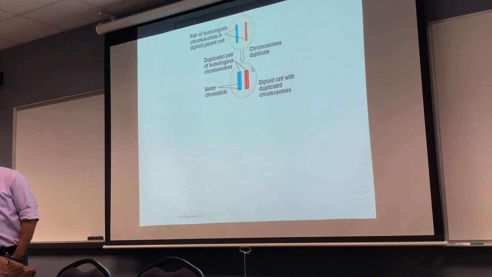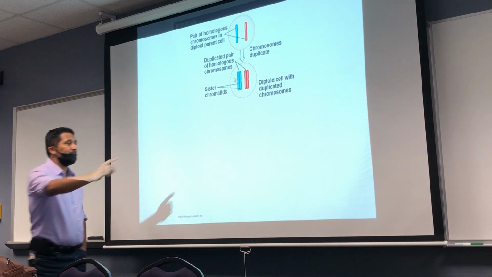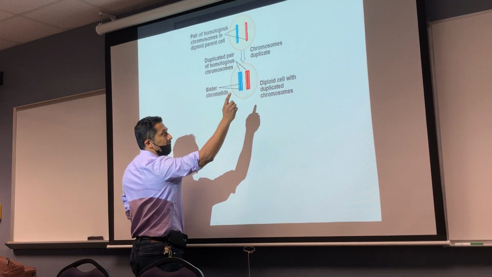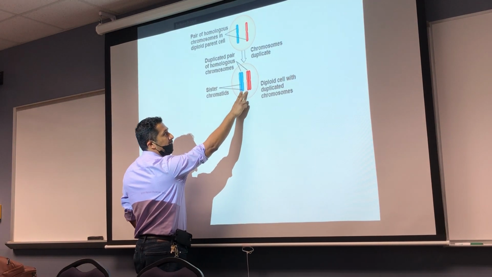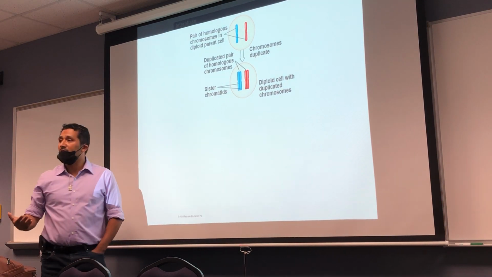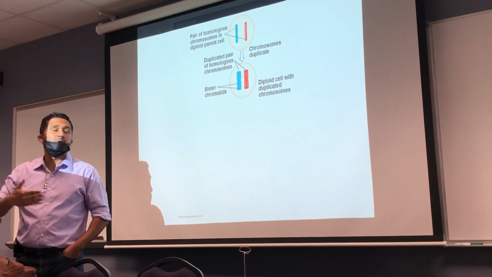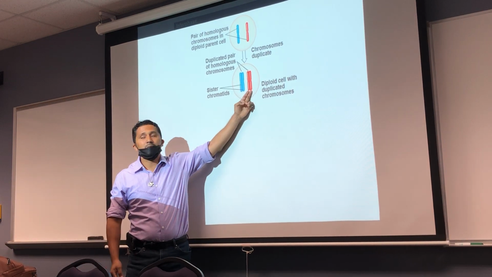So these are homologous chromosomes, okay? So these are non-sister chromatids, okay? These two are sister chromatids, identical. These are sister chromatids, identical, but these are non-sister chromatids, okay? They belong to the same homologous pair, right? Chromosome 1 from dad, chromosome 1 from mom.